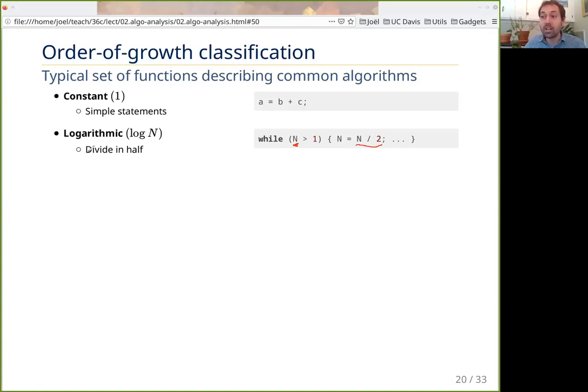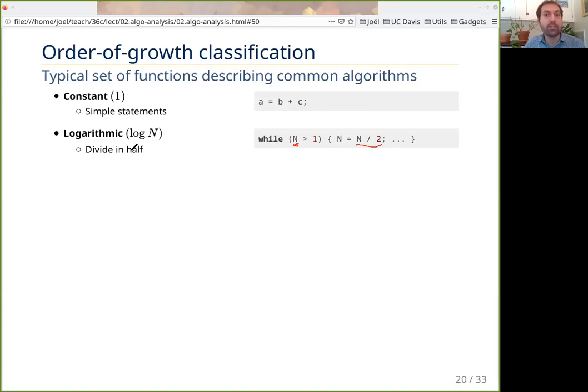So essentially you divide your collection in half at every single step. If you had an input size of 8 elements, then you would need 3 steps to process those 8 elements. If you had an input size of 16 elements, then you would need 4 steps. That means that your algorithm is logarithmic.